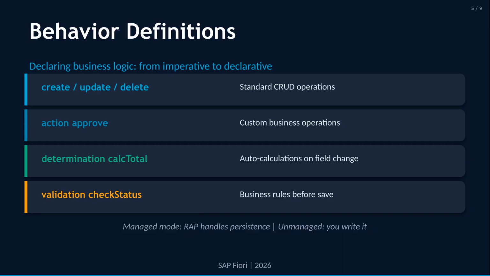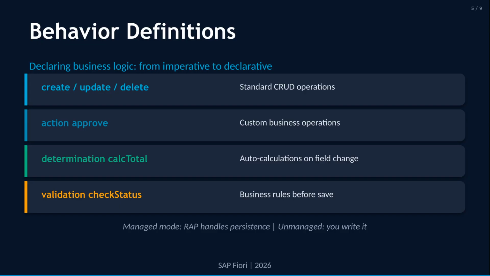Behavior definitions are where you declare what operations your app supports. In classic ABAP, you wrote event handlers in PAI and PBO modules. In RAP, you declare capabilities in a behavior definition file and implement them in a behavior implementation class. A behavior definition declares standard operations like create, update, and delete.